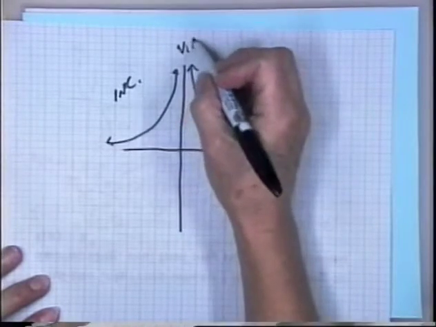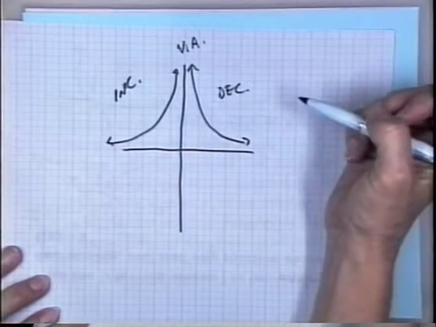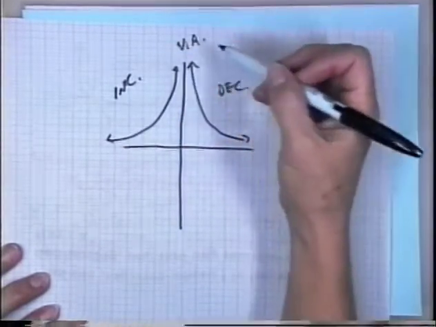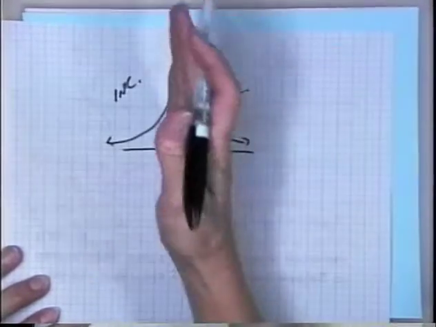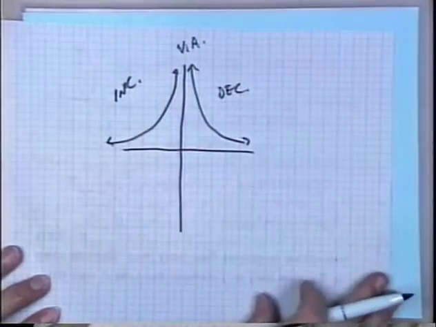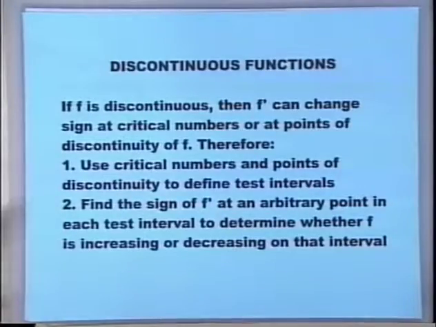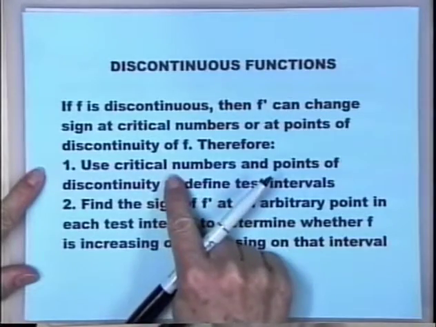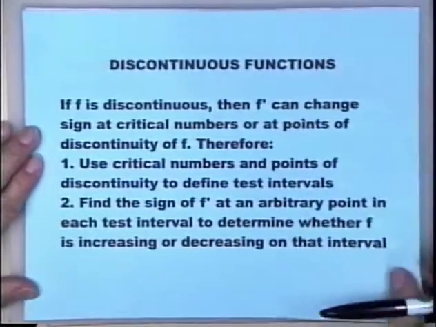There's a vertical asymptote right here. It's undefined at that vertical asymptote. But it changes from increasing to decreasing, not at a point on the graph, but rather at that vertical asymptote, at a point of discontinuity. So that's the reason that we use not only critical numbers, but also discontinuous points to define our test intervals.